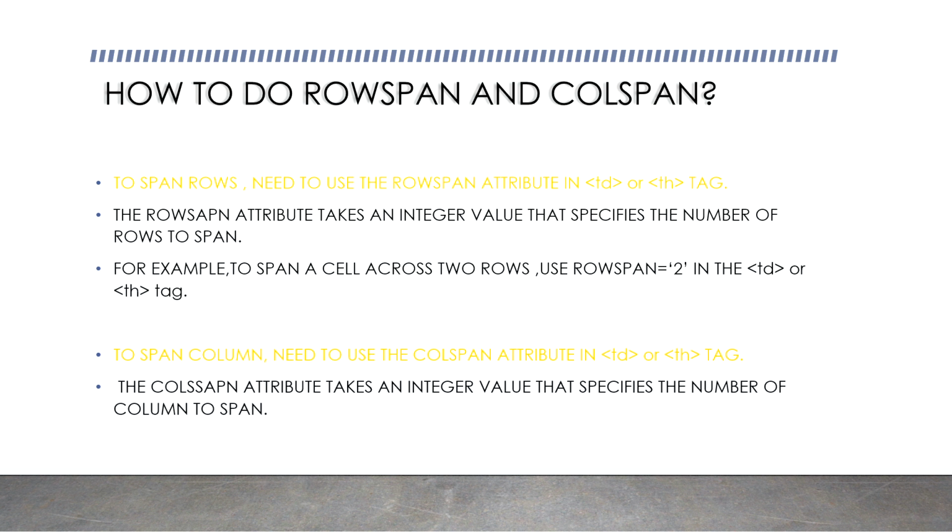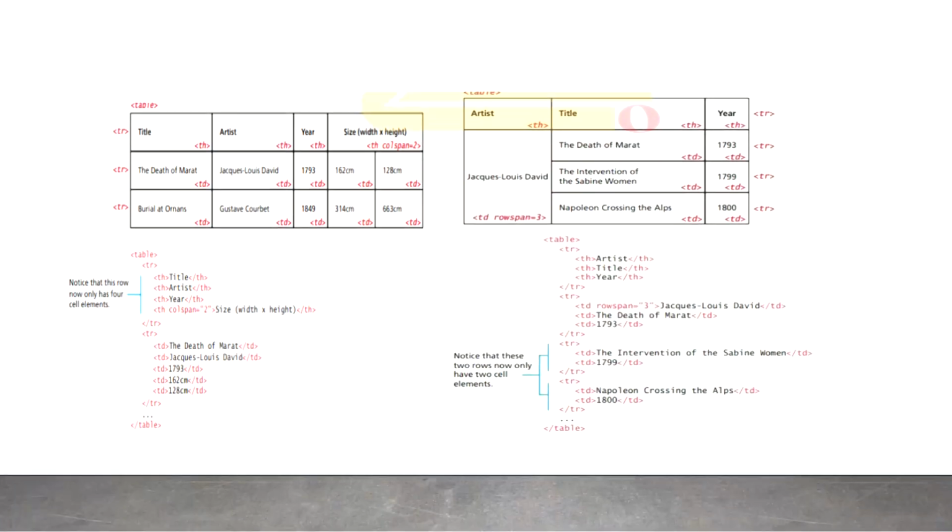To span columns, we need to use the colspan attribute in the td or th tag. The colspan attribute takes an integer value that specifies the number of columns to span. So this is the rowspan and colspan table. Title, artist, year, size, and the title is The Death of Marat. So these are all the row spans and column spans.